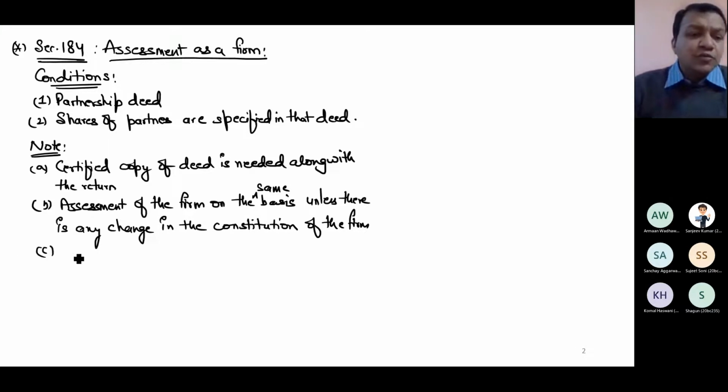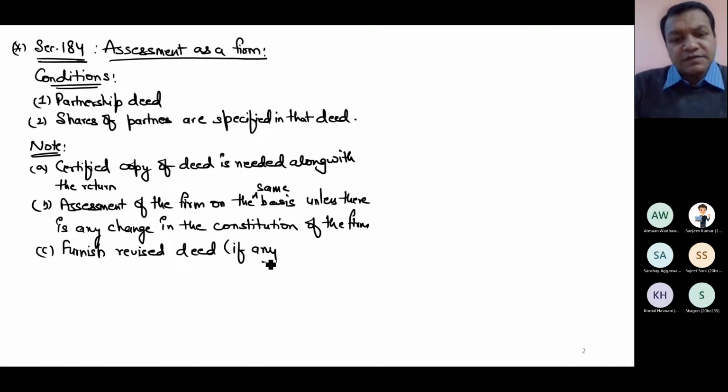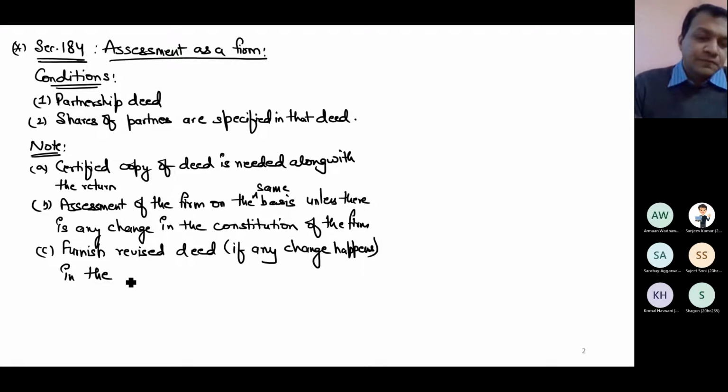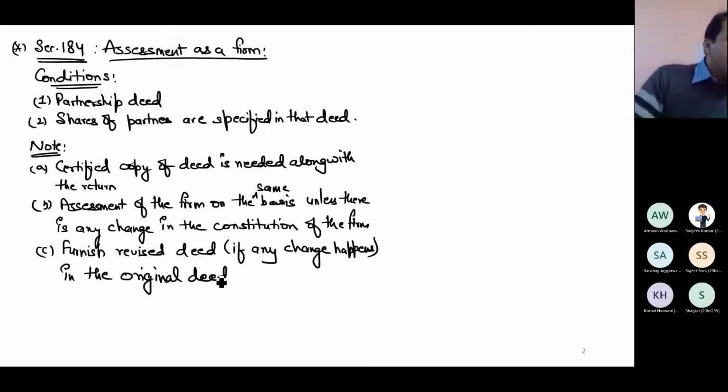If you make any change, then you must furnish a revised partnership deed, if any change happens in the original deed. That's it. This you can learn for 184.